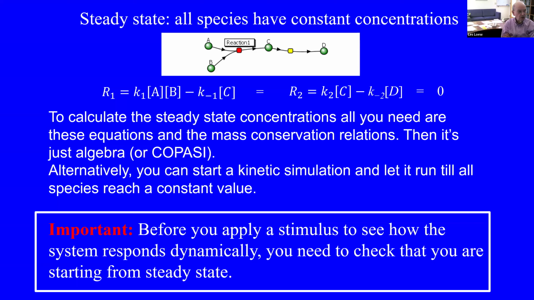So you need to be sure that before you apply a stimulus, all of the other reactions happening at baseline are at steady state. And so that's an important modeling issue that needs to be considered, especially when you're applying a stimulus.